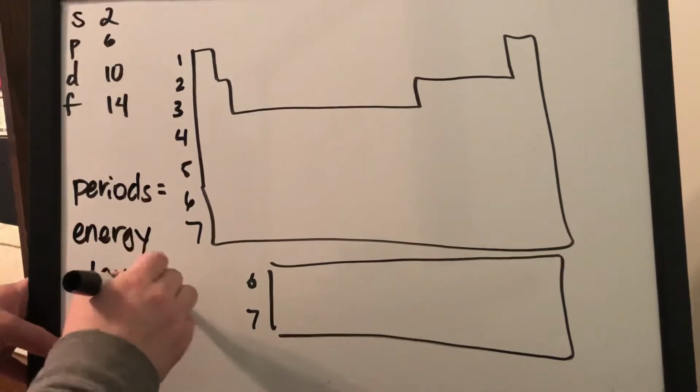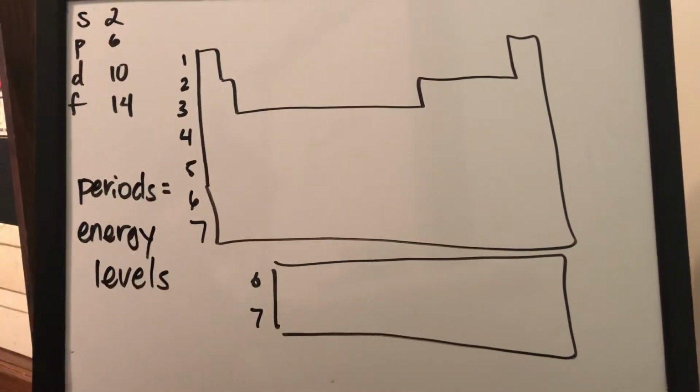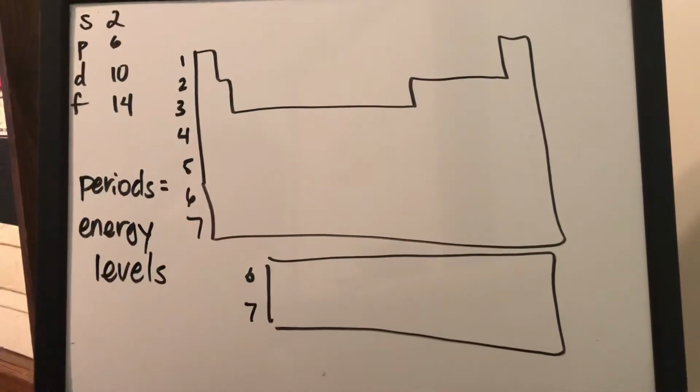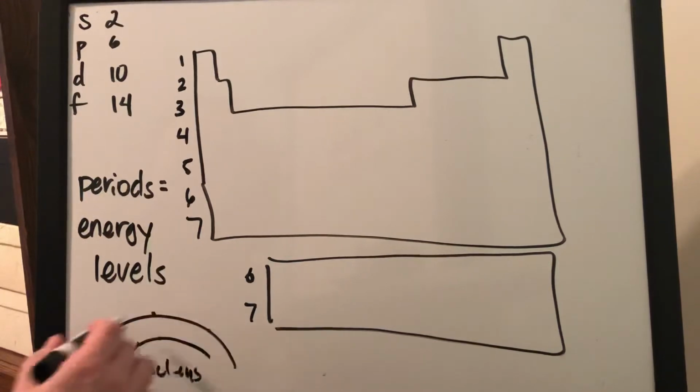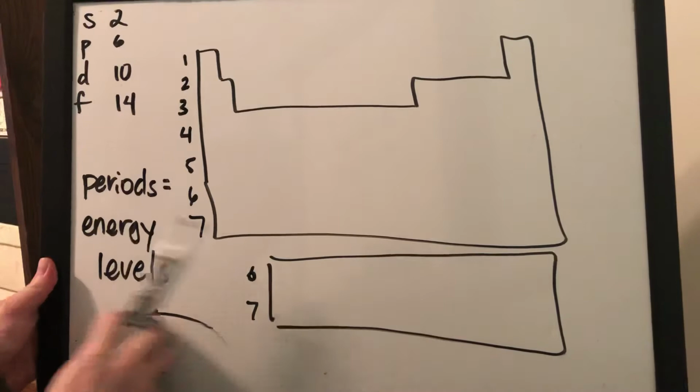And if you can remember back to 8th grade science, when the first time you learn about this, you have the nucleus, and then on this first energy level, you had electrons. On this second energy level, you had electrons, almost like an orbit. So that's what we're talking about. We're talking about energy levels.